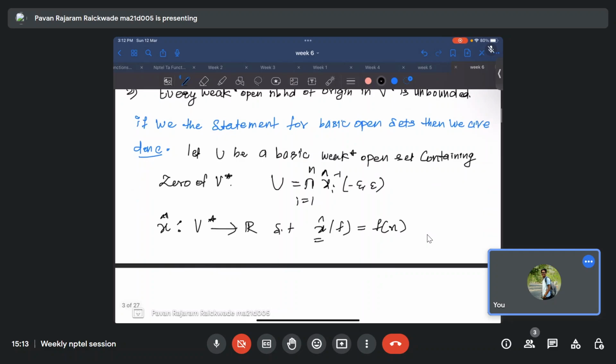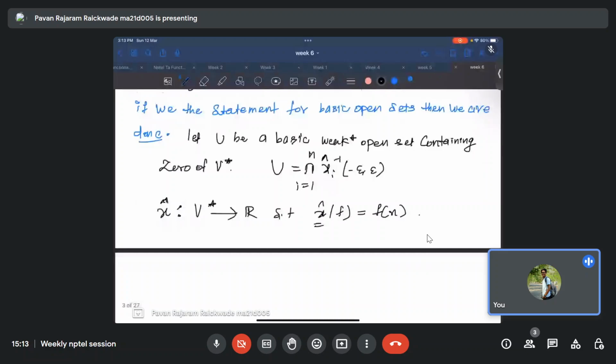These are the generators of the weak star topology. So any basic open set is just an intersection of finitely many inverse images of minus epsilon to epsilon.